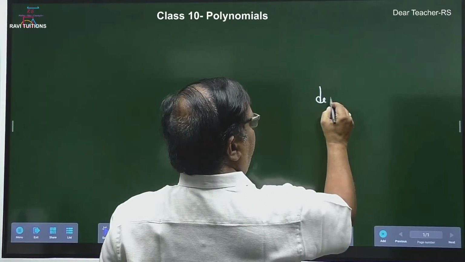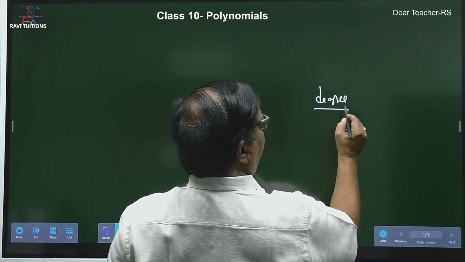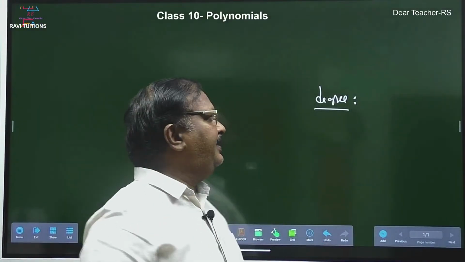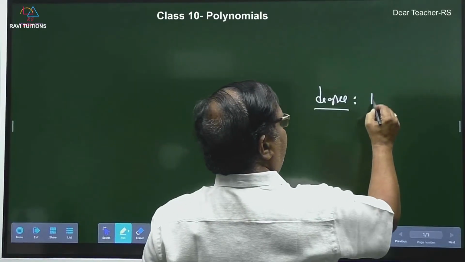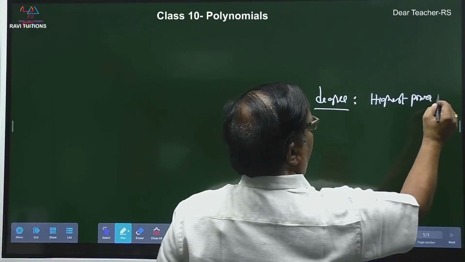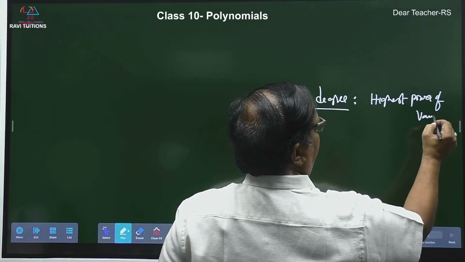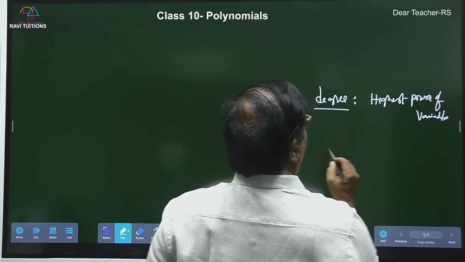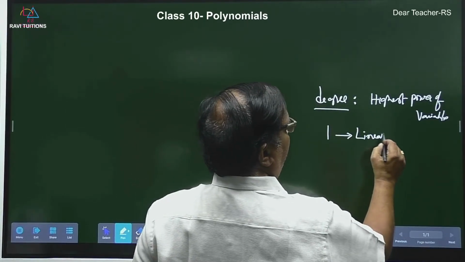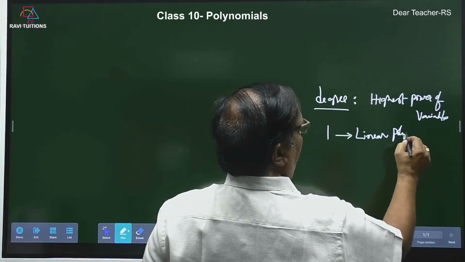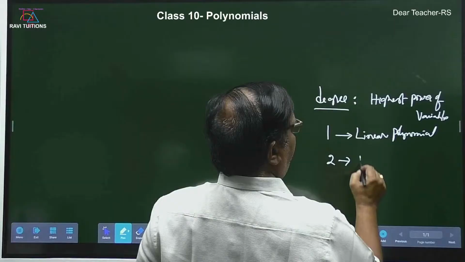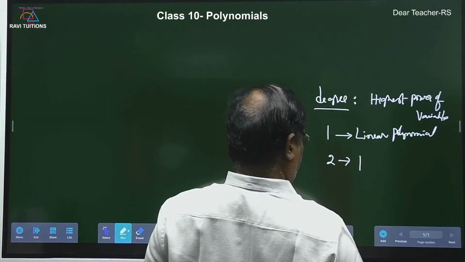Degree of the polynomial you should know. Every polynomial will have a degree. Degree is nothing but the highest power of a variable. If degree is 1, we call it a linear polynomial. If degree is 2, we call it a quadratic polynomial.